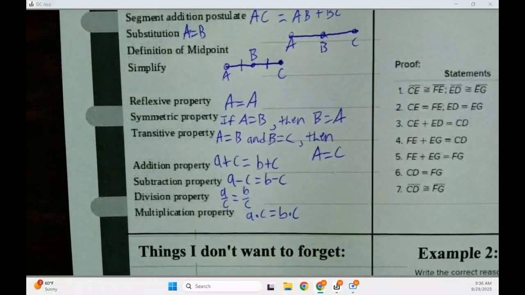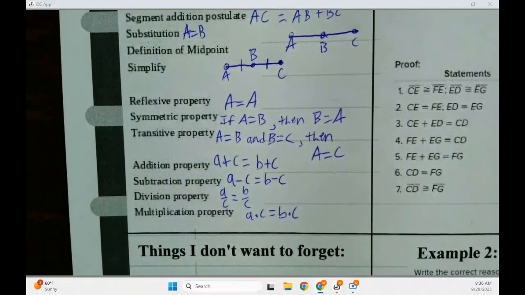Right? All of these are just properties that we know work because we've tried and tested them for a long time and they work. If you ever do want to look into this, I think this is just the weirdest thing. The actual proof of 1 plus 1 equals 2 is 278 pages long. So if you do ever want to look into that, proving it uses all of these reasons and properties we just kind of took in some notes.